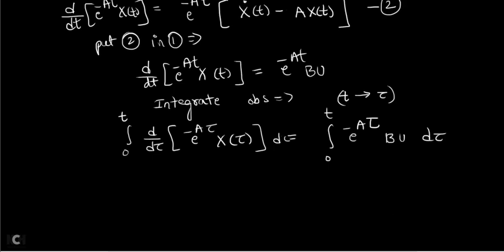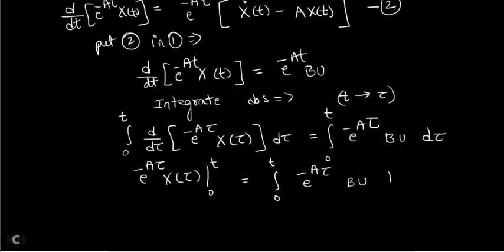Integration is with respect to tau. That's why I changed the variable from t to tau. Now here integration and differentiation cancel, so remaining will be upper limit minus lower limit. So e power minus a tau into x of tau, upper limit minus lower limit, is equal to, here I cannot do anything, keep it as it is, integration 0 to t e power minus a tau b u d tau.